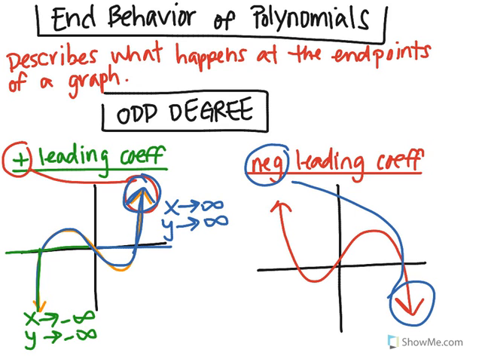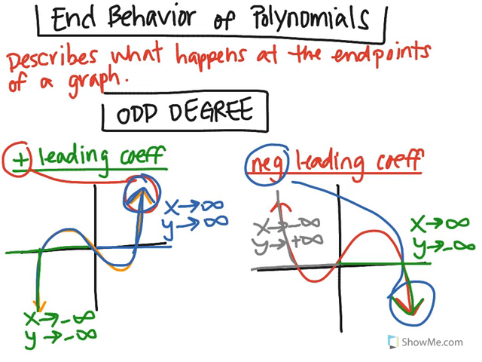How you would state this is as x gets bigger, so as x approaches infinity, here's your x values, your y values are actually approaching negative infinity. If you were to read the behavior on the other side, we'd say as x approaches negative infinity, so now we're looking at the negative x values, our y values would actually approach positive infinity.